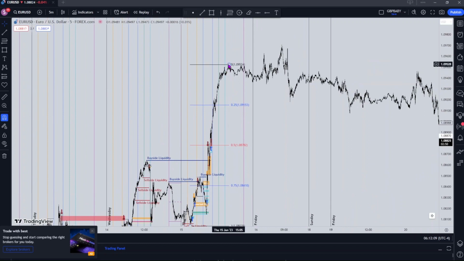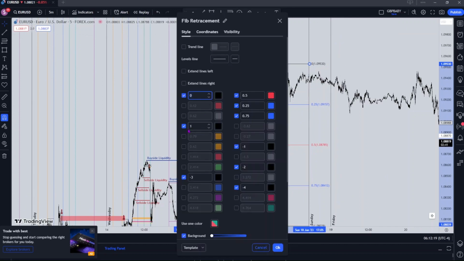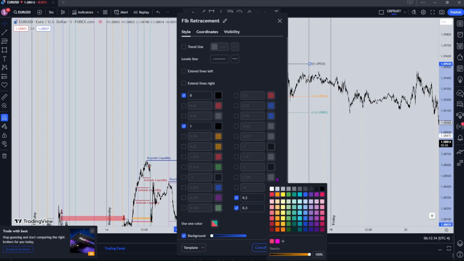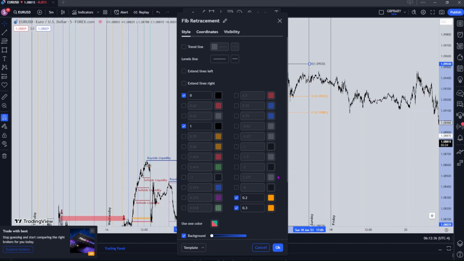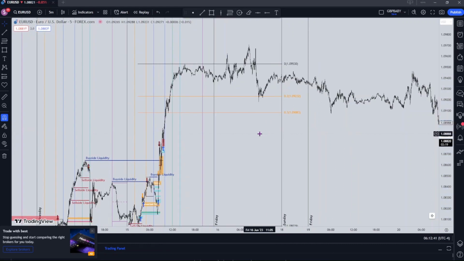So here we have 0.2, 0.3, and we'll make them orange. And yeah, we refer to 20% of the range. Interesting.